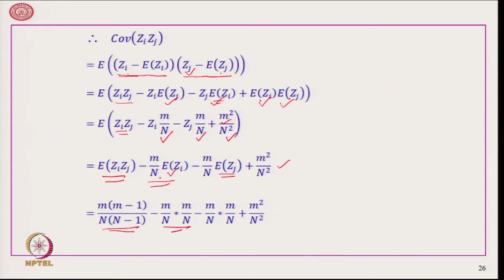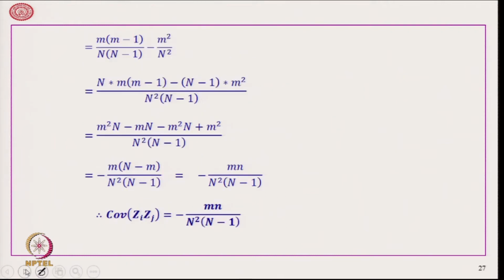So, this is coming out to be m square upon capital N square with a minus sign, plus m square upon capital N square, which is equal to m into m minus 1 upon n into n minus 1 minus m square upon n square. Let us now expand them.